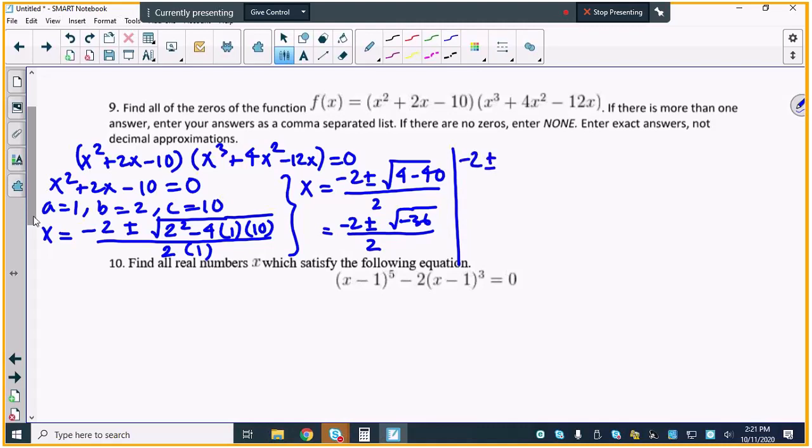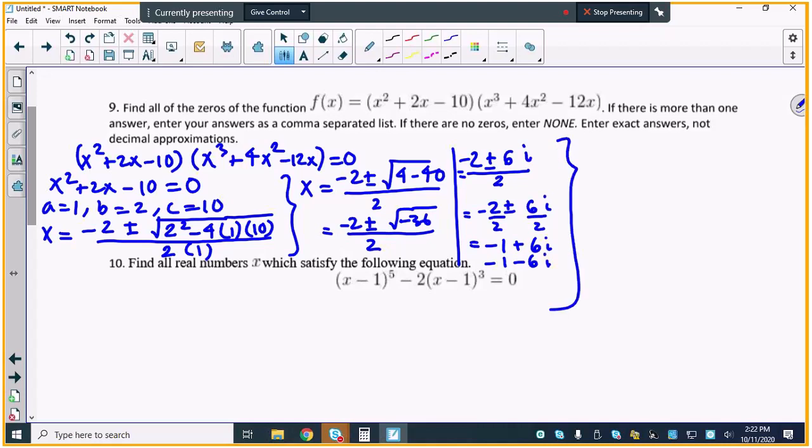Negative 2 plus or minus square root of 36, which is 6. The negative will give me the i, over 2. And finally, I can write it as negative 2 plus or minus 6i, but both of them I divide by 2. Distribution of the division. So I get negative 1 plus 3i or negative 1 minus 3i as the two solutions from only the first factor.